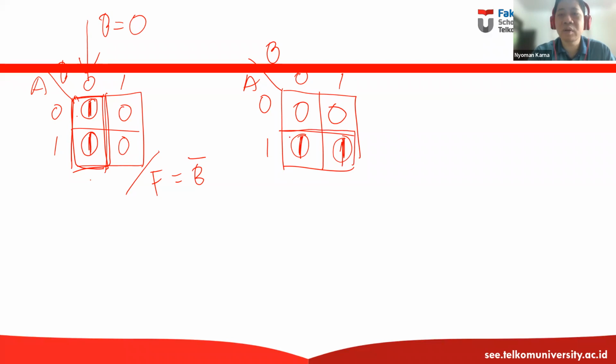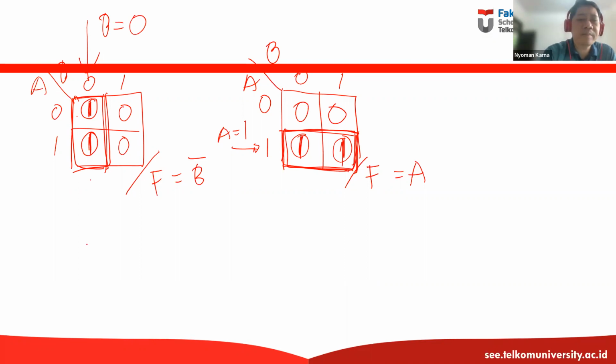The bigger block. Okay, now can we identify this block? Yes. The identification is row wise, which is when A is 1. Because when A is 1, it will cover all this block. So the simplest function is A, because A is 1.